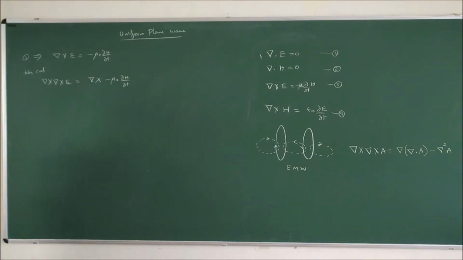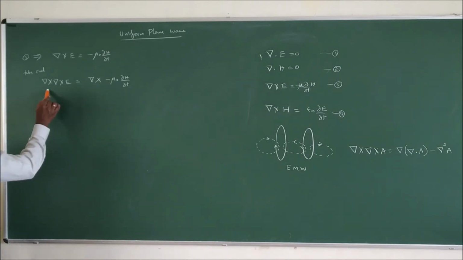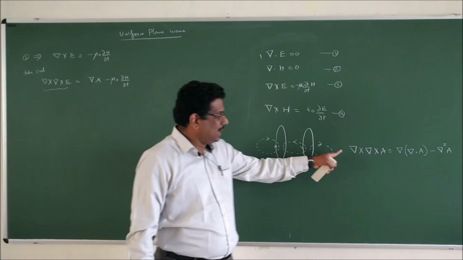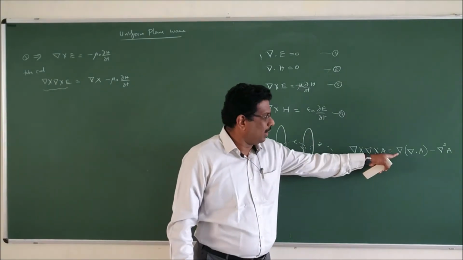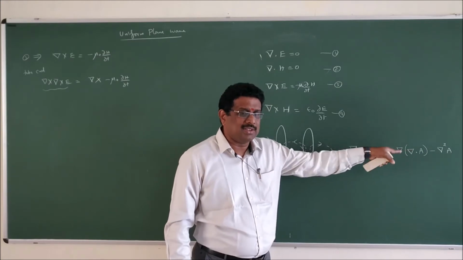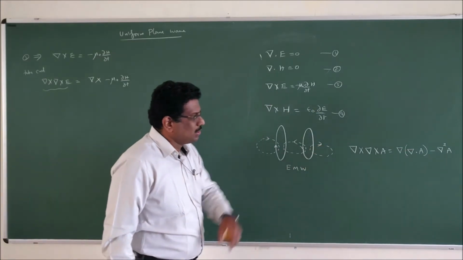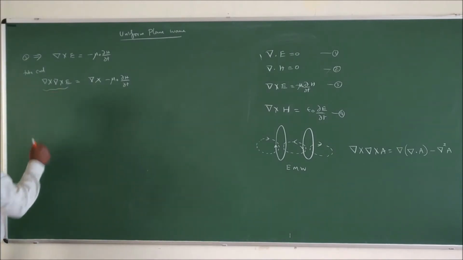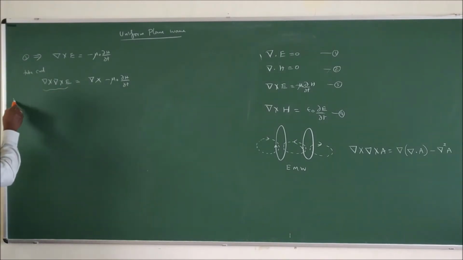It's simple analysis. And what is this del cross del cross E? From the vector identity, del cross del cross A equals del of del dot A minus del square A, which we discussed in the beginning. So we use the vector identity, curl of a curl.